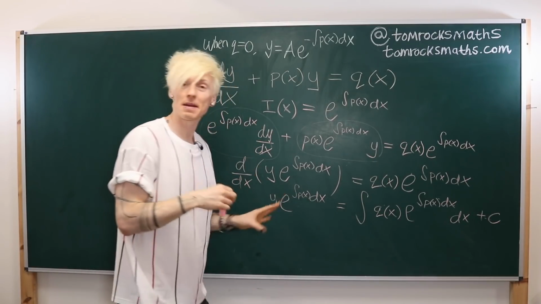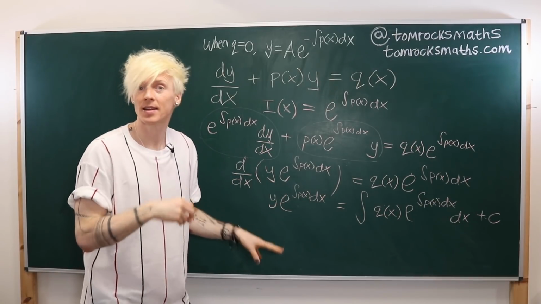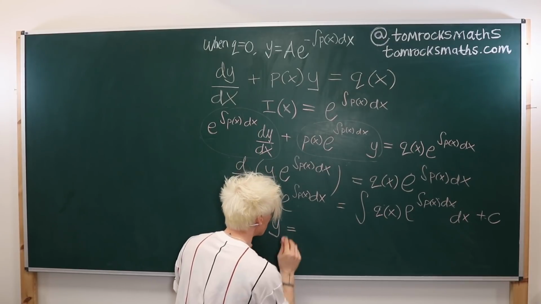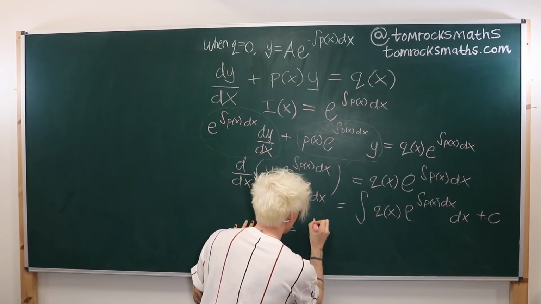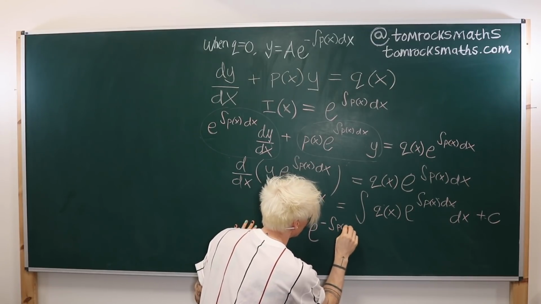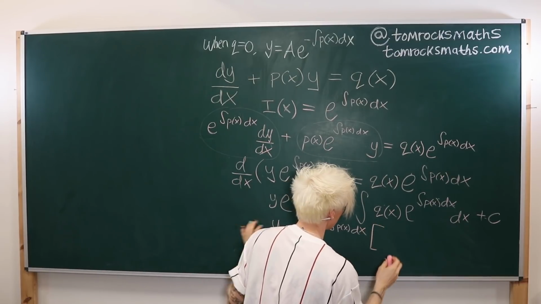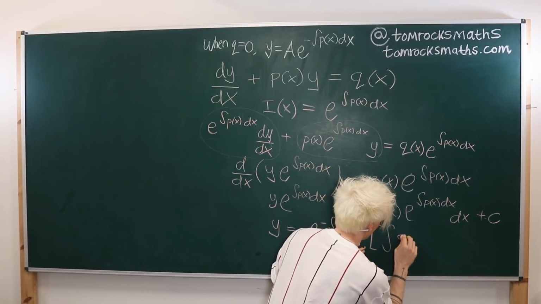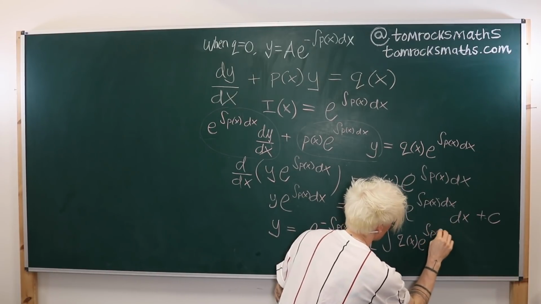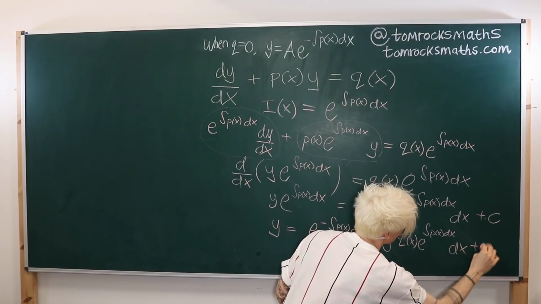And finally, if I multiply both sides by e to the minus integral of p, then y, my final solution, is e to the minus the integral of p(x) dx, all multiplied by the integral of q(x) times e to the integral of p, plus c.